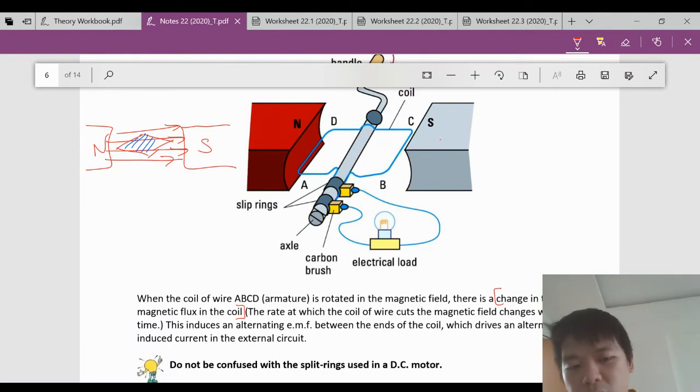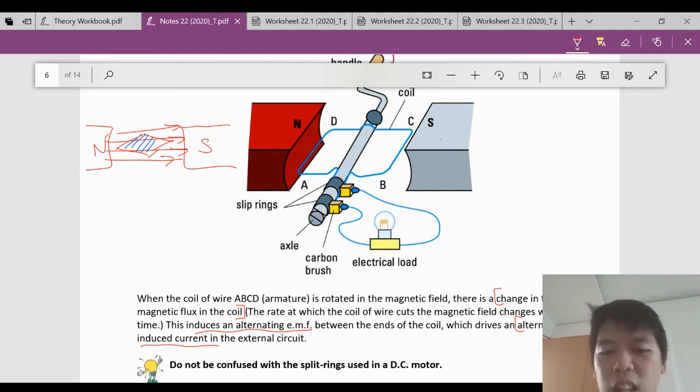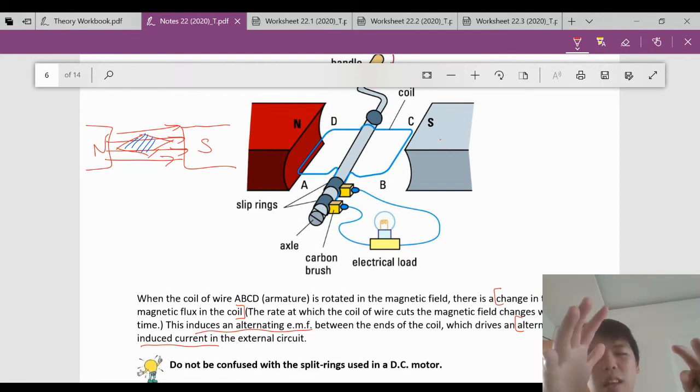What will happen is this induces an alternating EMF between the ends of the coil, and this induces an alternating induced current in the external circuit. So it's exactly the same as in the previous part that we talked about, just that now we use a coil instead of a solenoid. Okay, so remember, as the coil turns around, the area itself will actually cut more of the magnetic field. So more magnetic fields will go in, there will be a change in magnetic flux.